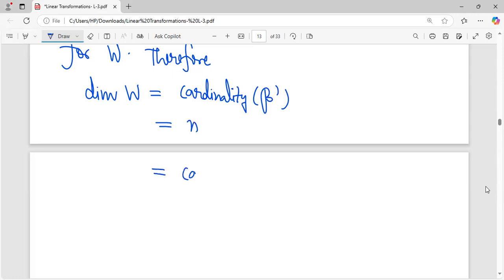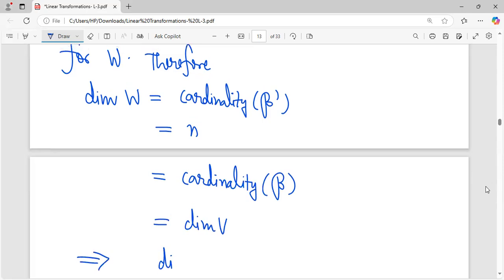But this is also the cardinality of B, that is the dimension of V. So this implies the dimension of V is equal to the dimension of W. So the reverse part is also proved.